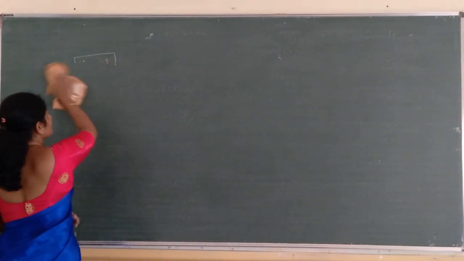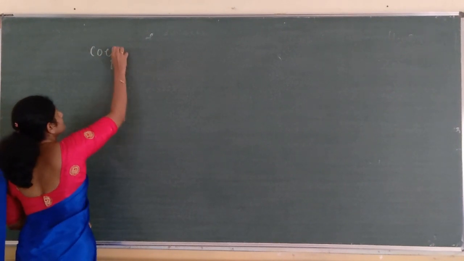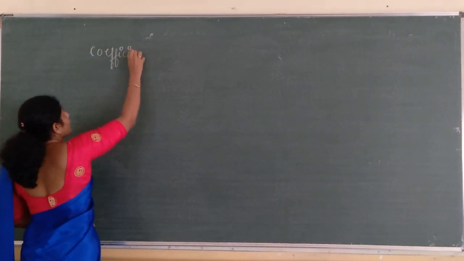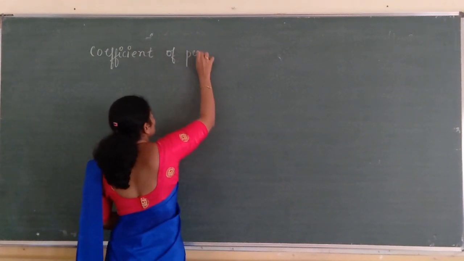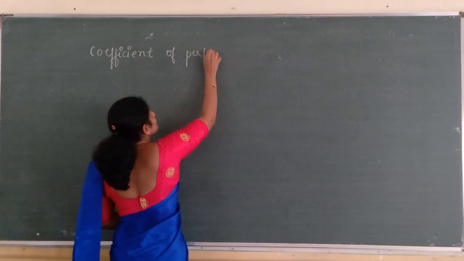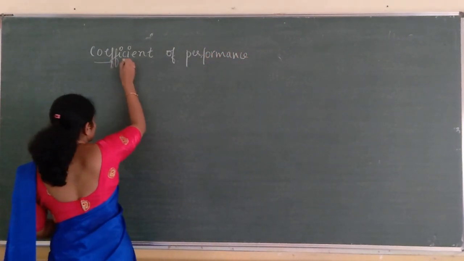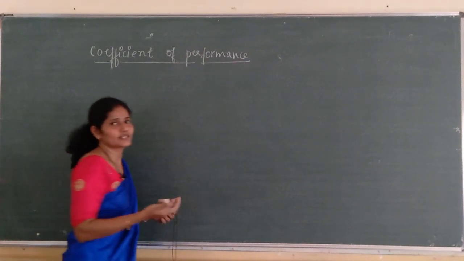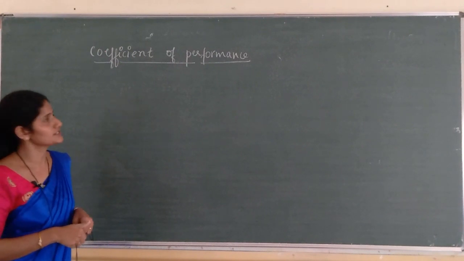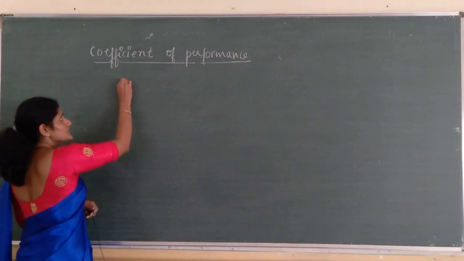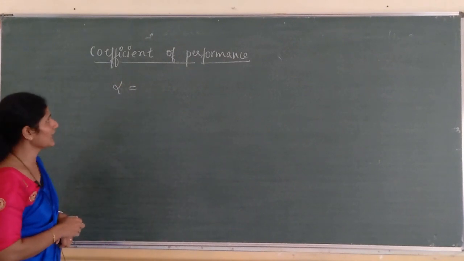So, the coefficient of performance in case of refrigerator, or the efficiency of the refrigerator, is denoted by the symbol alpha.